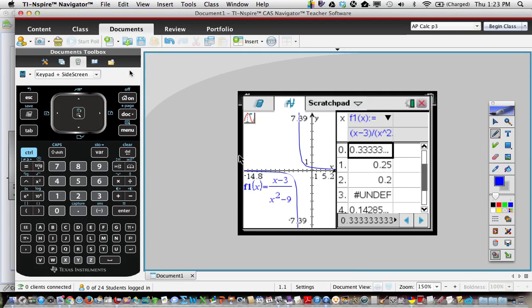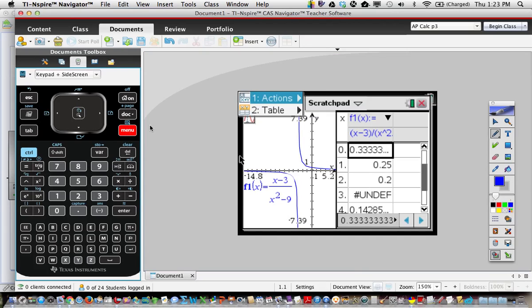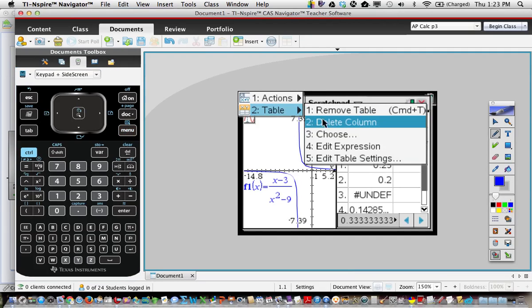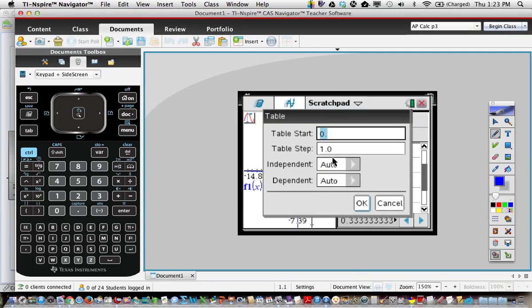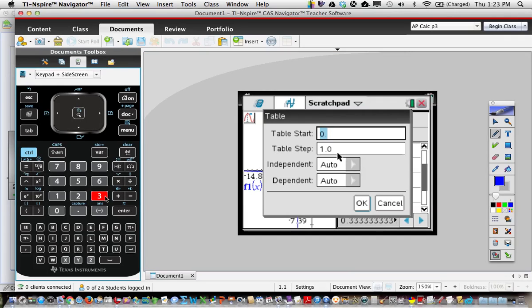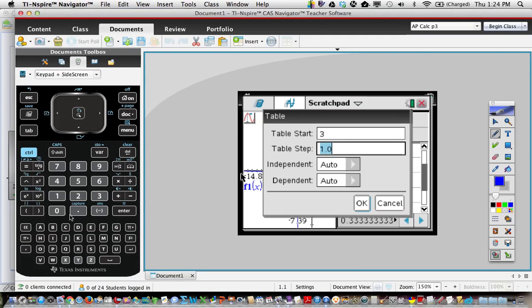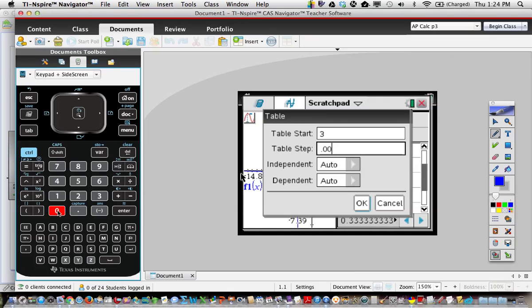So I'm going to go to Menu, Table, Edit Table Settings. Now, you don't have to do this very often because once you start working on a problem, a lot of them are the same. Okay, we're going to start our table at 3, and we're going to do our table step of 0.0001. That's usually enough if we do 3 zeros and a 1. And then you can hit Enter.